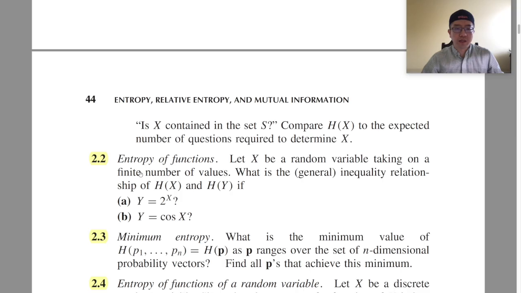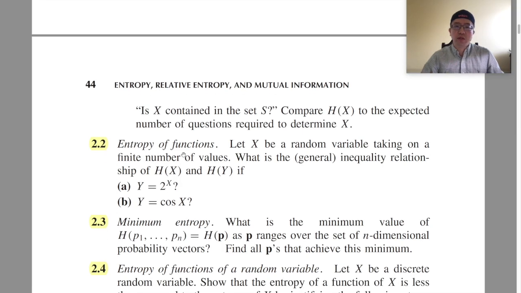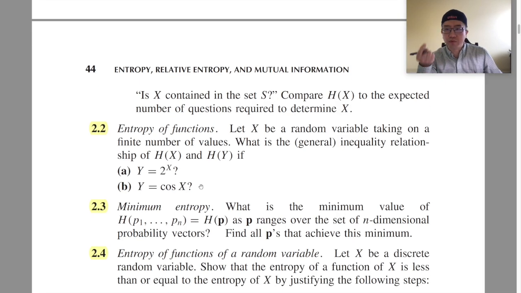Now let's take a look at question 2. In the second question, we let x be a random variable taking a finite number of values, and we ask what is the general inequality relationship between the entropy of x and the entropy of y. We consider two forms. The first form is y equals 2 to the power of x, and the second form is y equals cosine x.